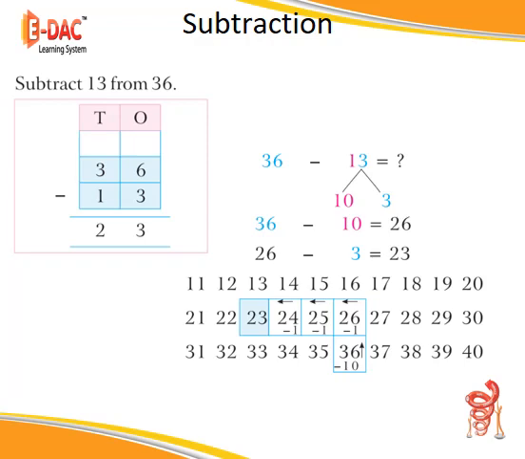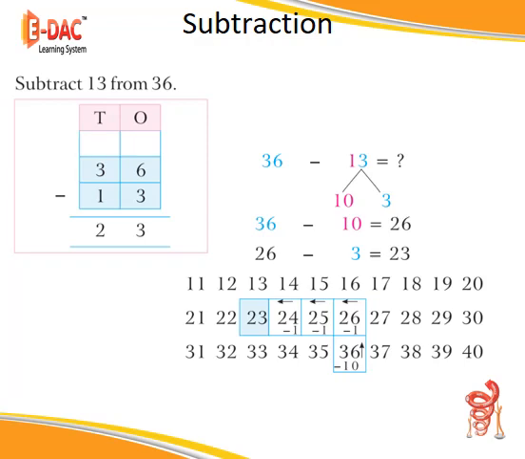Now we want to subtract 13 from 36. We will start from ones place and we will subtract 3 from 6 and we will get 3. Now we will move to tens place and we will subtract 1 from 3 and we will get 2. Now the subtraction value is 23.